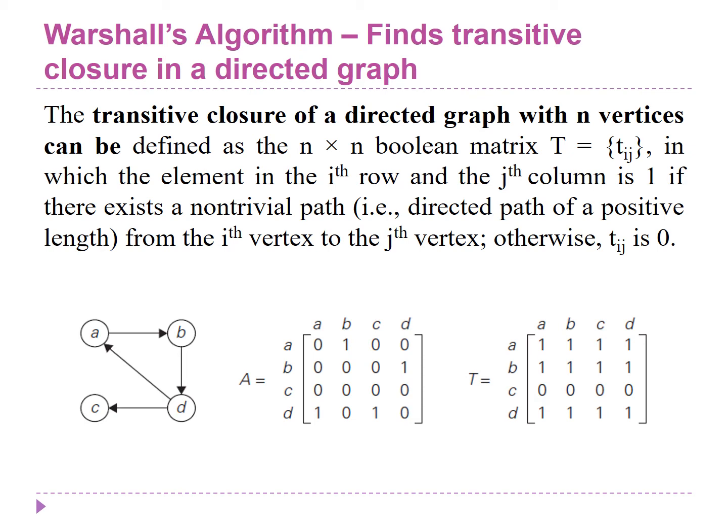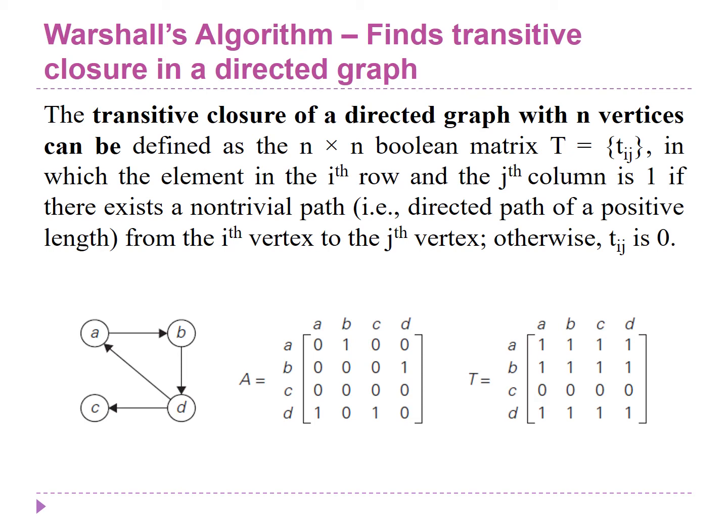That is, A has a directed edge to B, B has a directed edge to D, and D has a directed edge to A. Hence, in the transitive closure matrix T, there is a 1 in the Ath row and the Ath column.